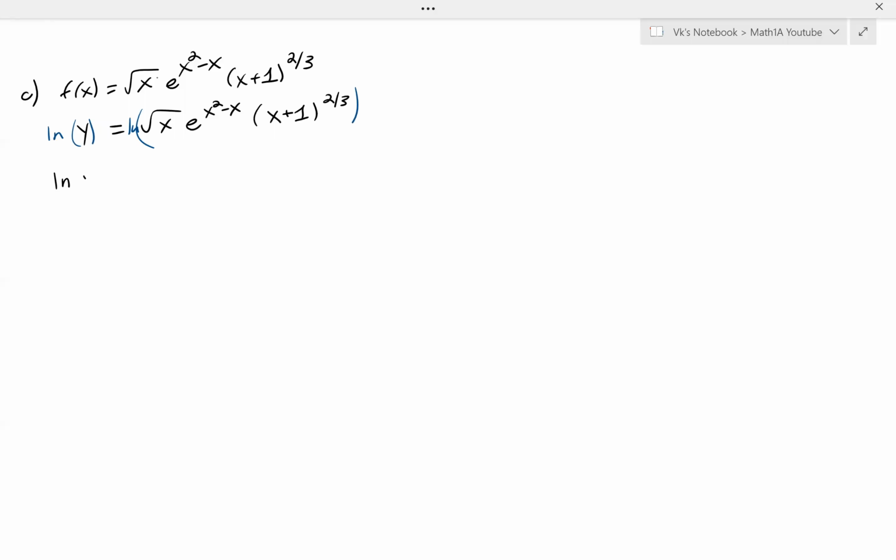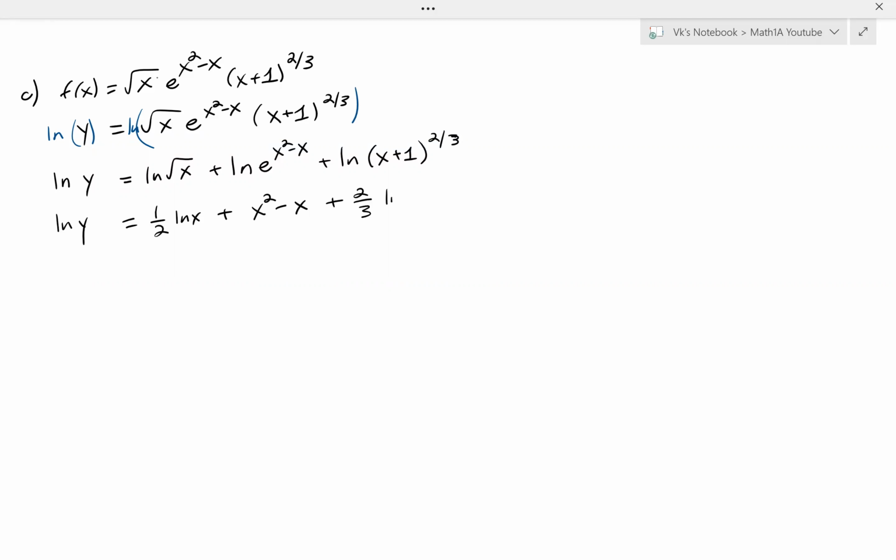We have ln y equal to ln root x plus ln e to the x squared minus x plus ln (x plus 1) to the power 2/3, and simplify: half of ln x plus x squared minus x plus 2/3 ln (x plus 1).